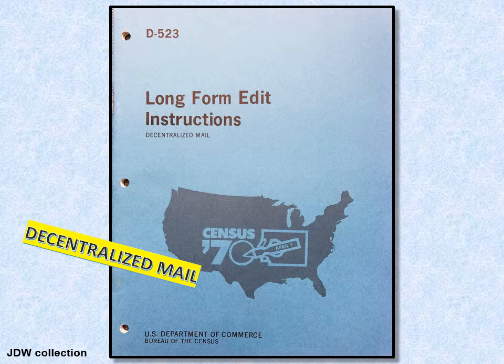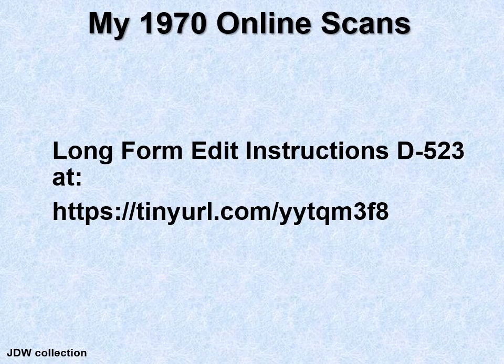The long form had its own edit instructions, and this again is decentralized. And so again, they had to go through it to make sure that the circles were filled in properly with a lead pencil. And I have given you a scan of the long form edit instructions. Get them while you can.